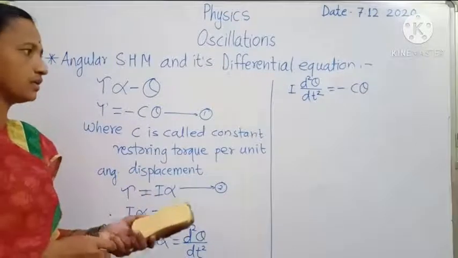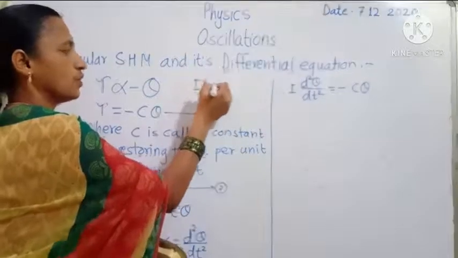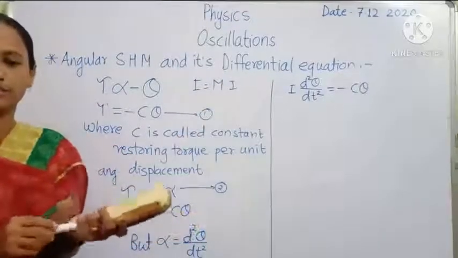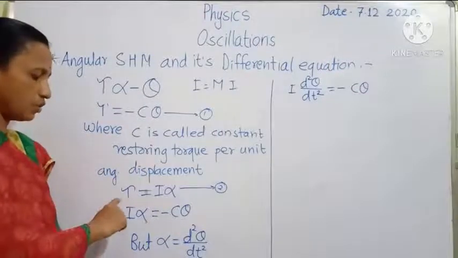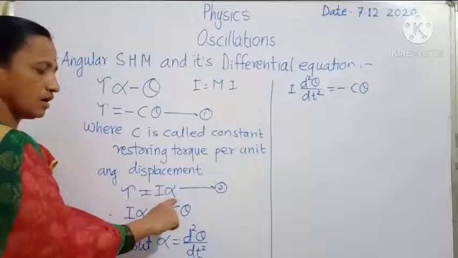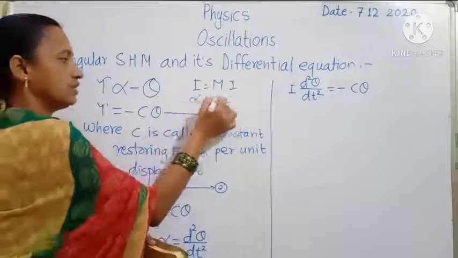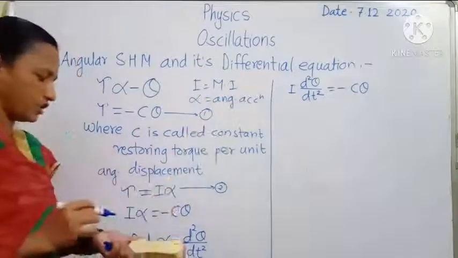We know that I is the moment of inertia of a body, then the torque acting on the body is given by tau is equal to I alpha, where alpha is the angular acceleration.